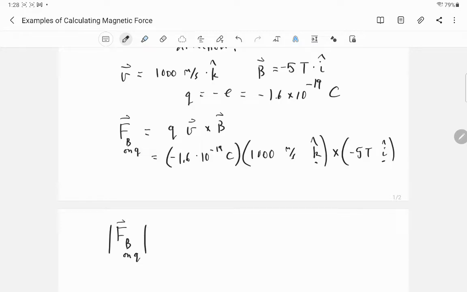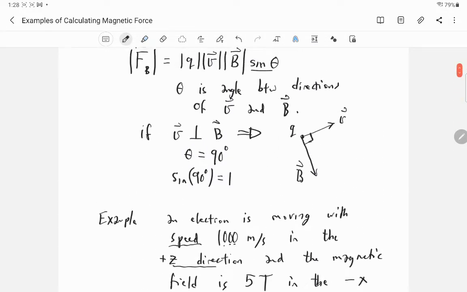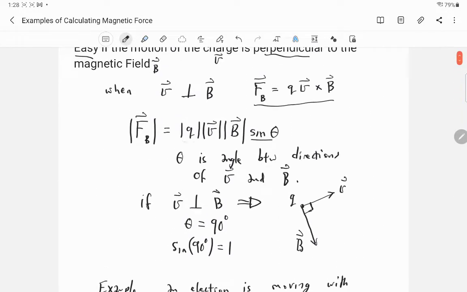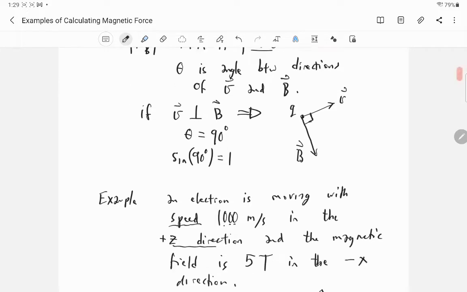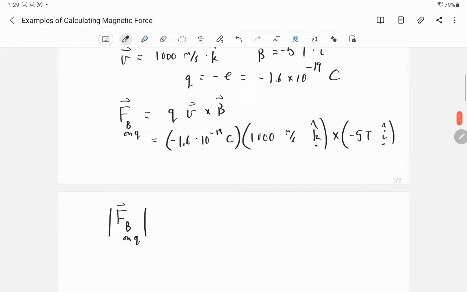So for the magnitude, because of all these absolute value bars, you drop the sign. You're going to drop all these minus signs. There are 2 minus signs that multiply to a plus sign. Anyways, I'll take the magnitude of the charge, so 1.6 times 10 to the minus 19 coulombs.